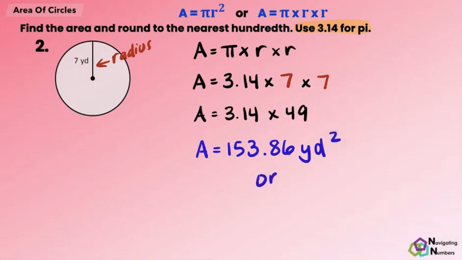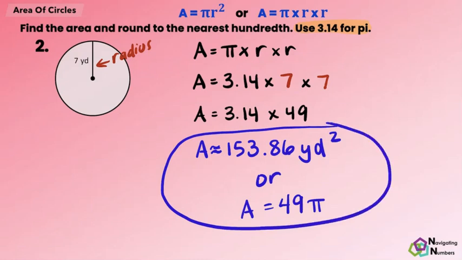And if we wanted it in terms of pi, we can just write it as area equals 49 pi. Also keep in mind this is an approximation, so this is approximately, not equal. Or if we wanted the exact amount, we can write it in terms of pi, depending on what the question asks. All right, so both of those are correct answers.